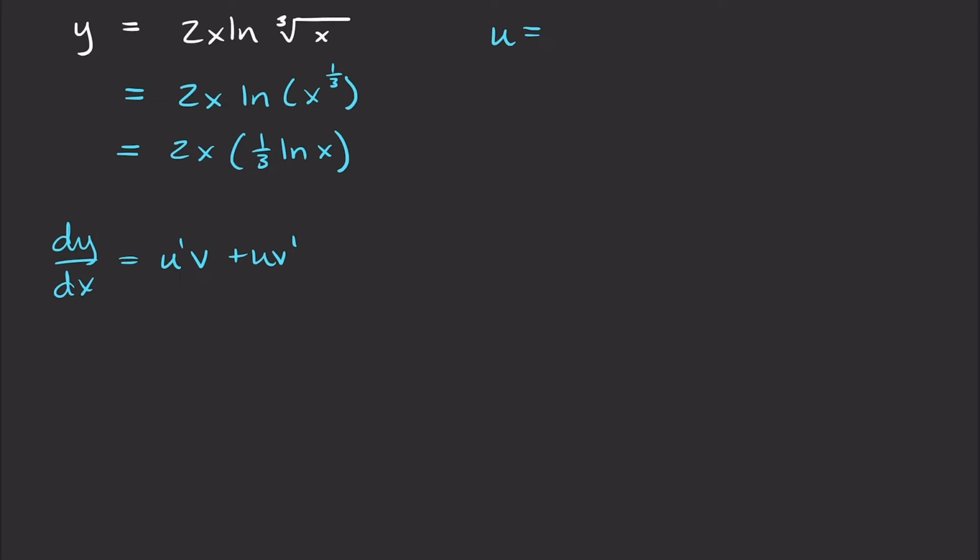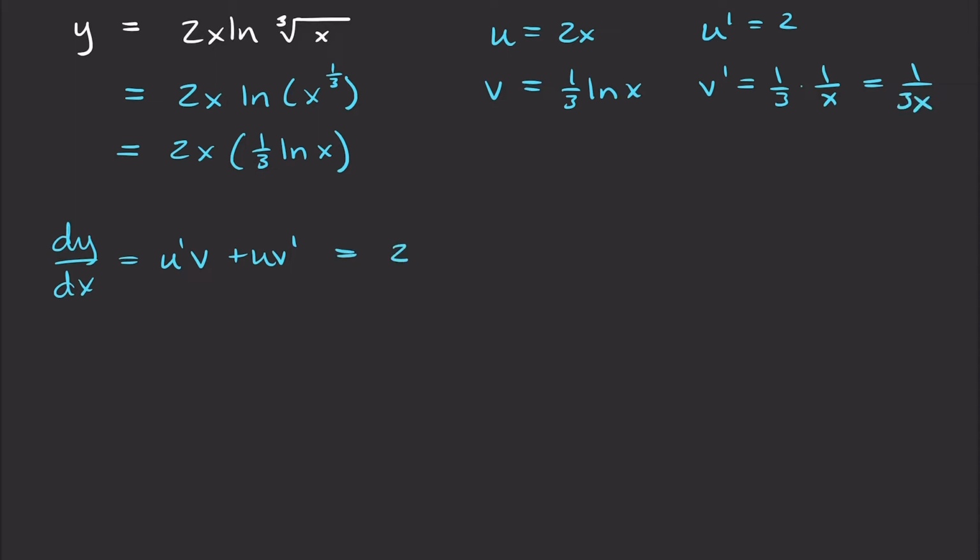So here my u is going to be 2x, and my v is going to be 1/3 ln x. If you wanted, you could factor out these constants. I'm just going to leave them there. u prime is going to be 2, and v prime is going to be 1/3 times 1 over x, or 1 over 3x.